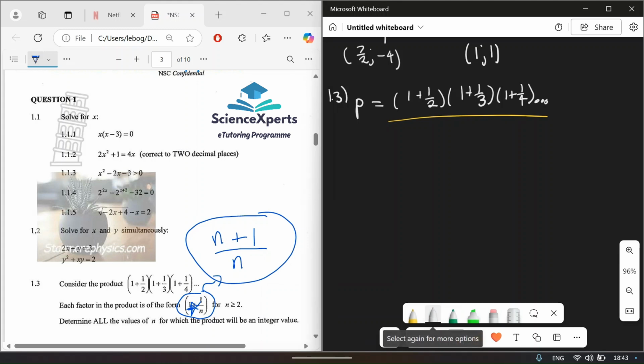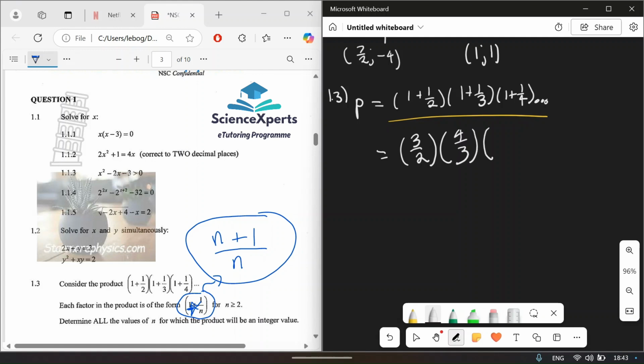So the first factor, it starts with 2, right? Because you remember they said for n greater or equal to 2, right? So the first value of n is 2, right? So I can substitute the first factor there. It will be 2 plus 1 over 2. That's 3 over 2, right? The second factor is gonna be 3 plus 1 over 3, which is 4 over 3.